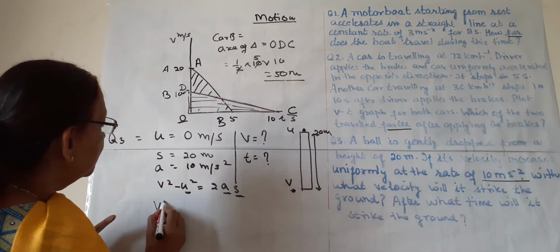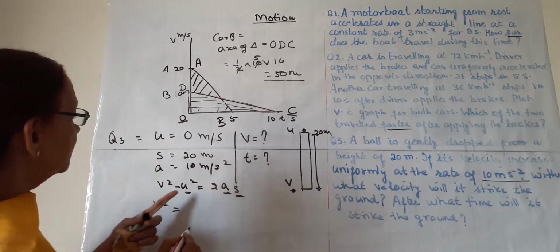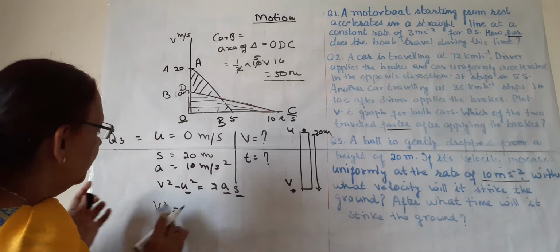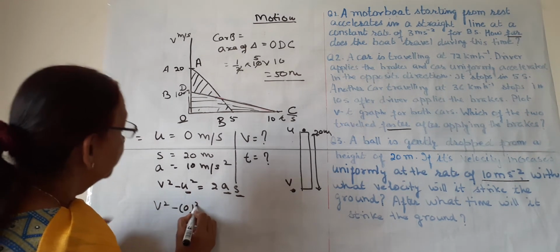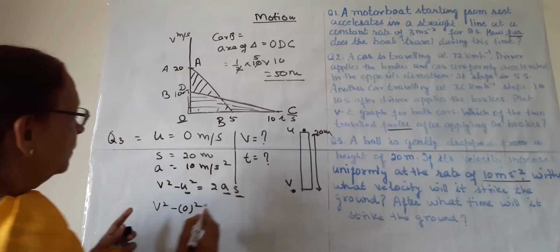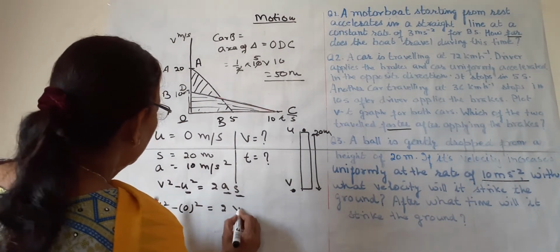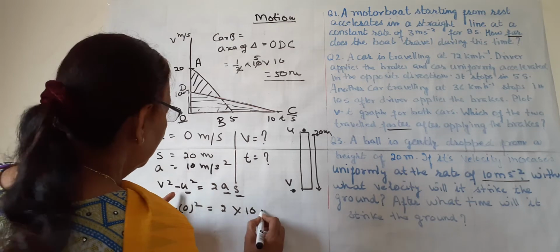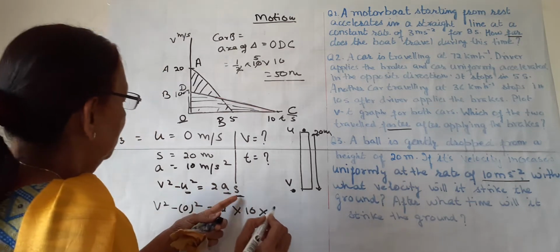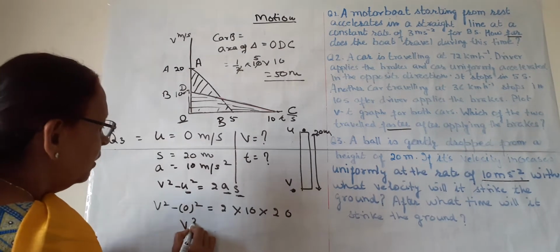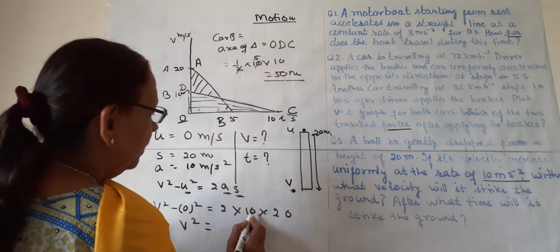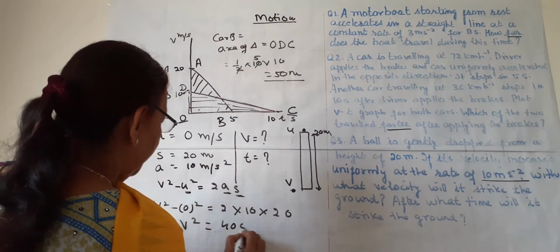So if we put the parameters here, v square minus 0 square, u is 0, will be equal to 2 into a, which is 10, and distance is 20. So v square will be 20 into 20, 400.